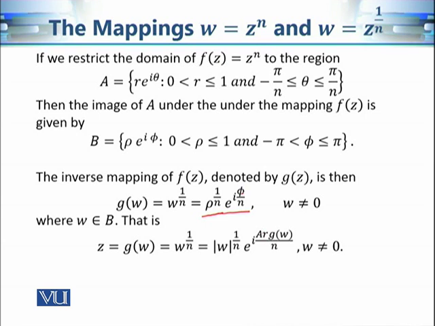And this phi is basically the principal argument of this complex number omega. Just like we discussed in the case of n is equal to 2, over here this phi is the principal argument of this complex number. So that's why the answer is going to be a unique complex number in this case.